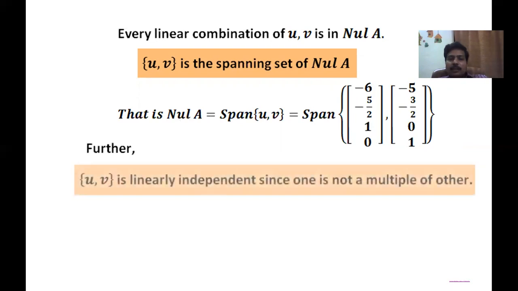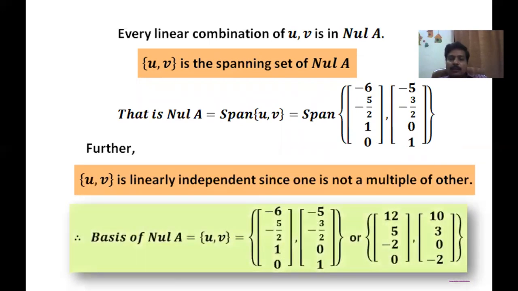Further, we can observe that these two are linearly independent, since one is not a multiple of the other. So they are linearly independent and span null A. Since both properties are fulfilled, we can say that this is a basis for null A.